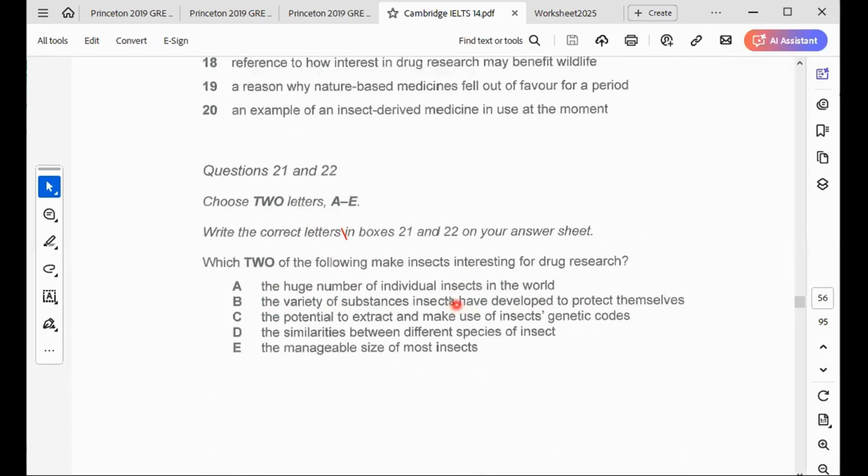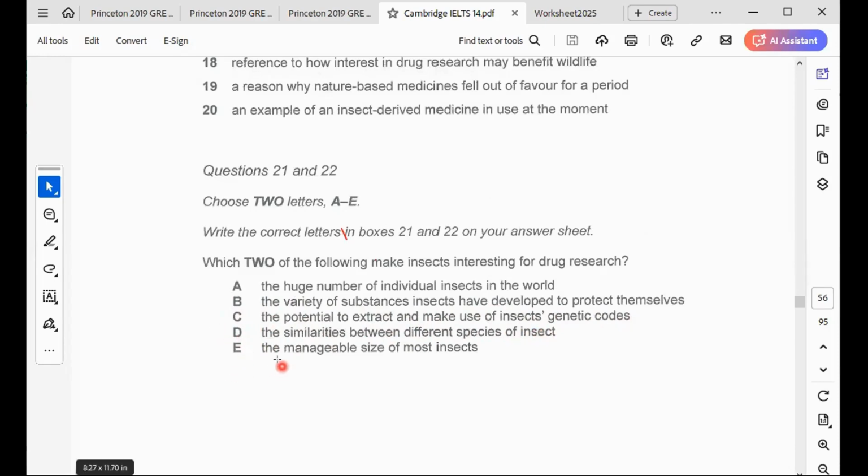Option B also looks correct. Option C, the potential to extract and make use of insect genetic codes. This one is a difficult thing. They mentioned in the passage that this part is difficult. Option C. Option D, the similarity between different species of insect.